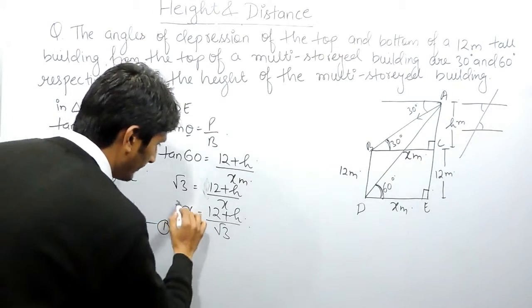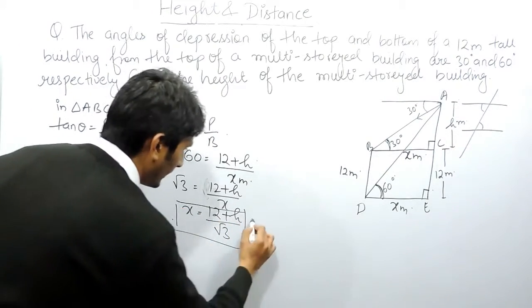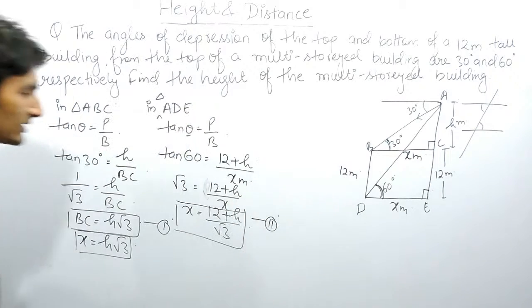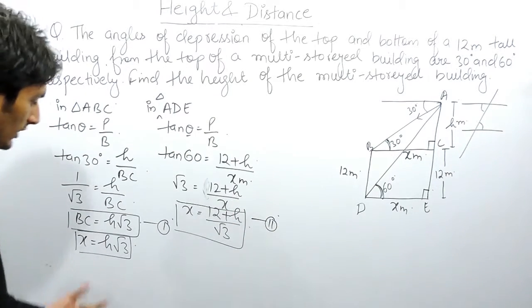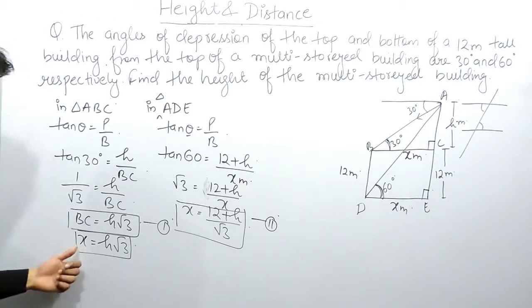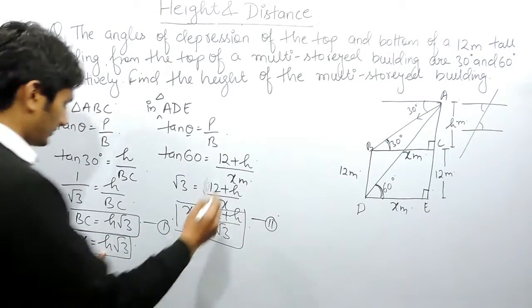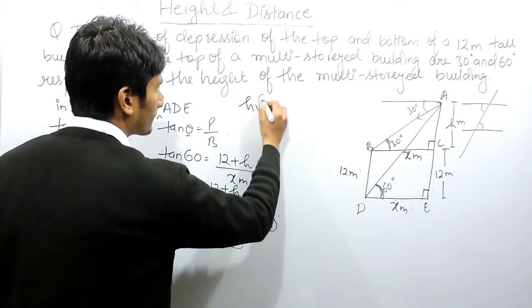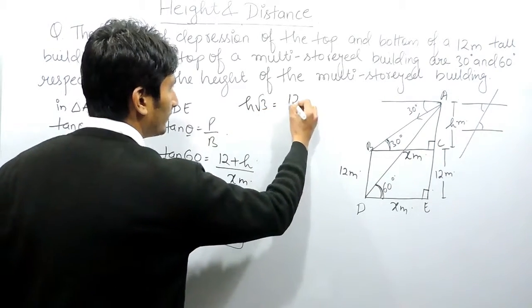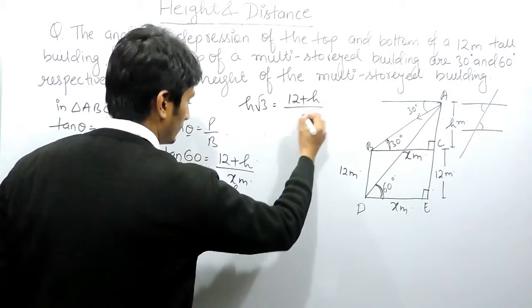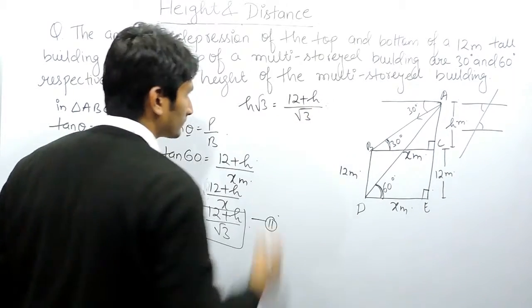We have two equations, and if I compare them, I'll get the value of h. Because the left hand sides are equal, the right hand sides must also be equal. So h root 3 is equal to 12 plus h upon root 3.